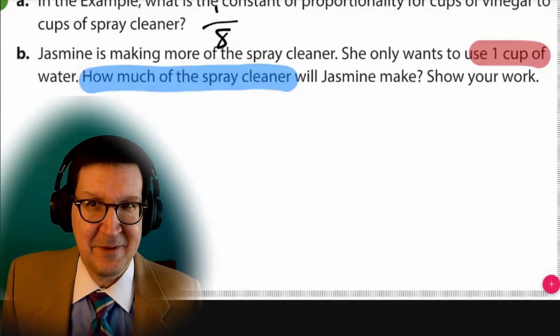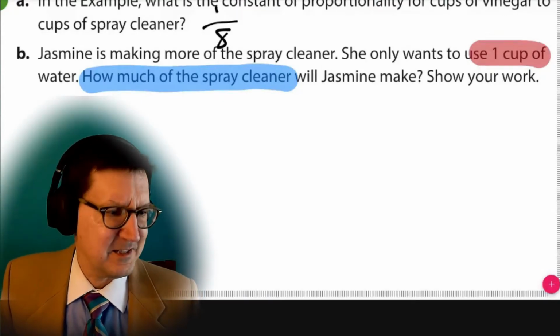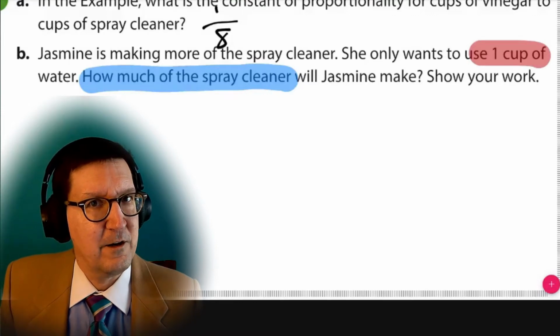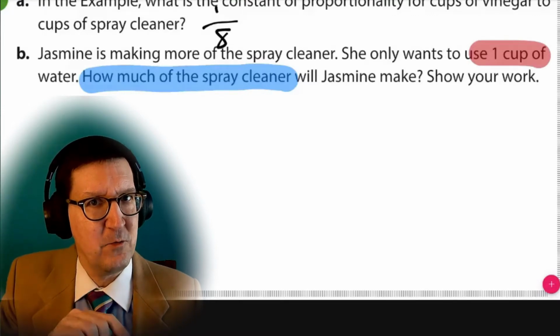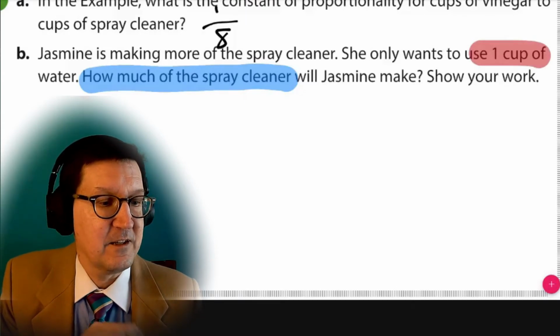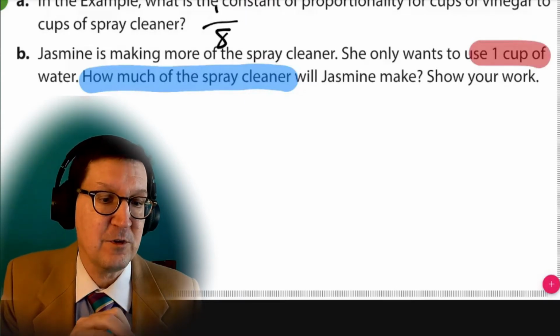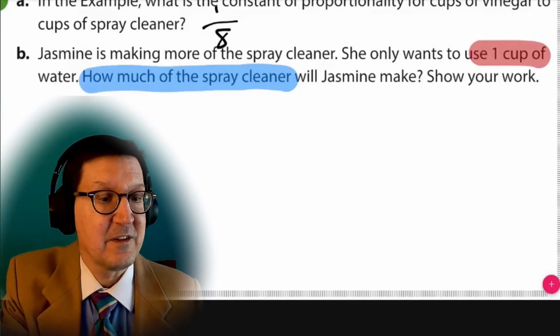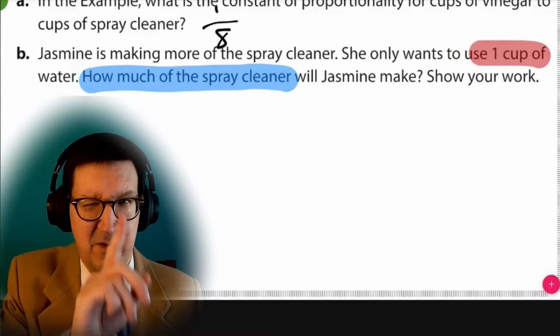Okay, welcome back. So let's take a look at this now. First of all, we need to figure out what our ratios are going to be, which way that proportion is going to go. Now, she's looking for how much spray cleaner she will make per cup of water. Aha. If we're looking per cup of water, we can use that as our unit rate.